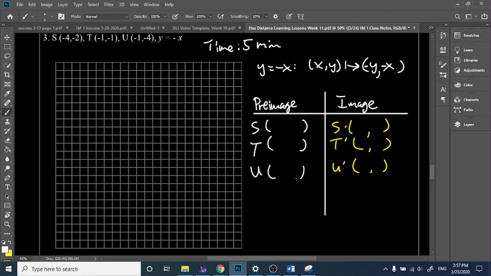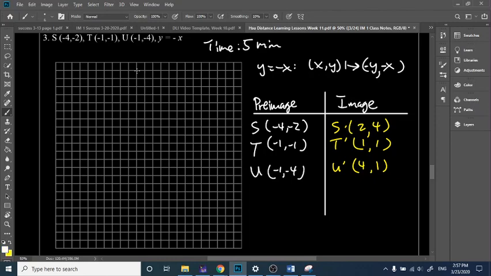Alright, so let's see, we have negative 4, negative 2, negative 1, negative 1, and then negative 1, negative 4. Okay, so now we're going to switch both of those. So 2, 4, and if we do negative to that, that's positive. Same thing with there. And 4, 1. They're going to be positive because, again, if you do negative to it, it's going to be positive.